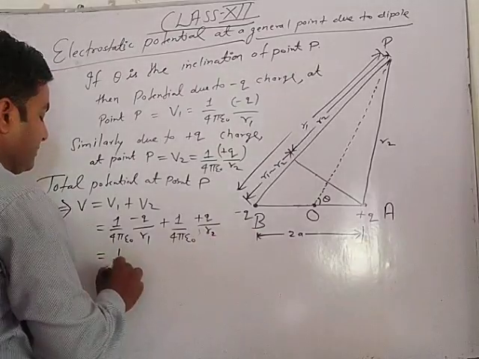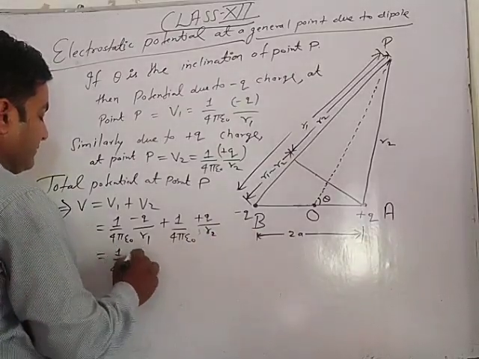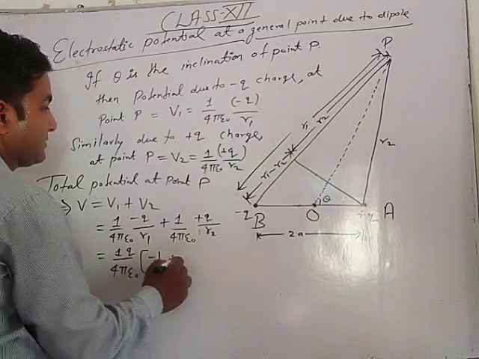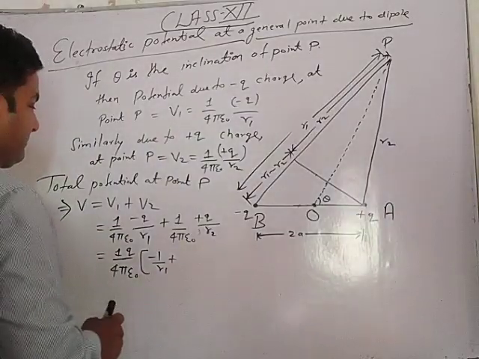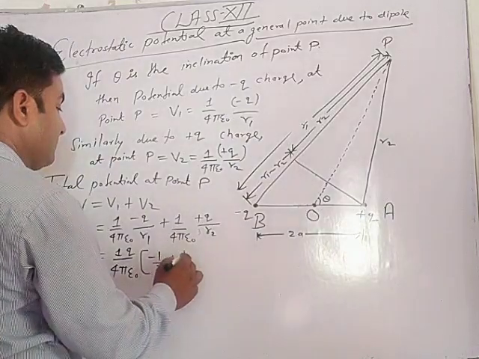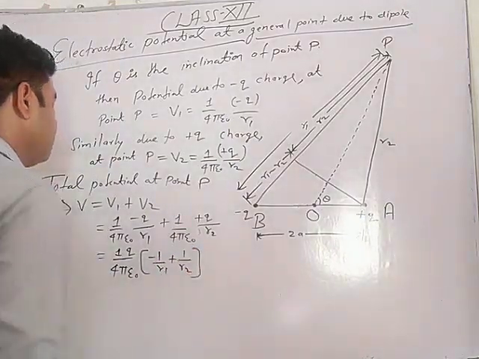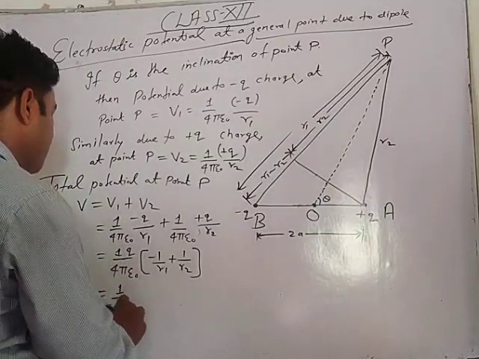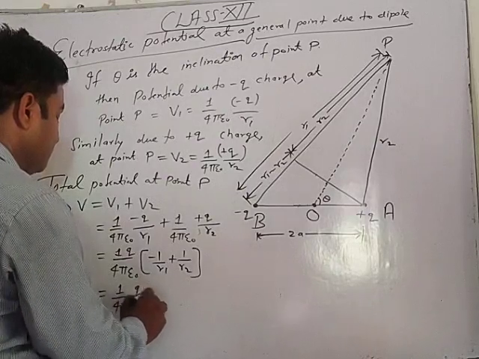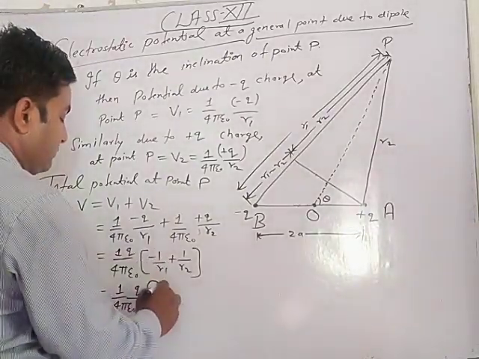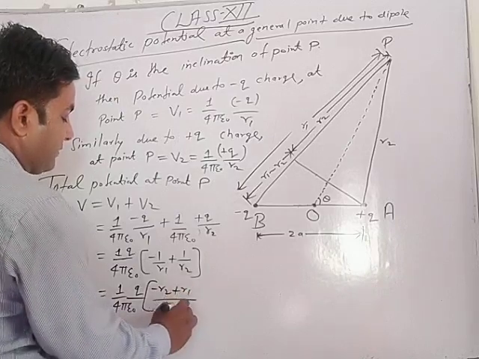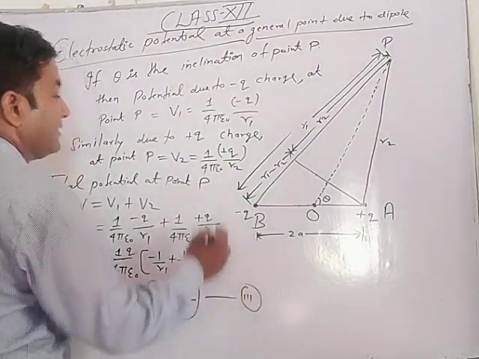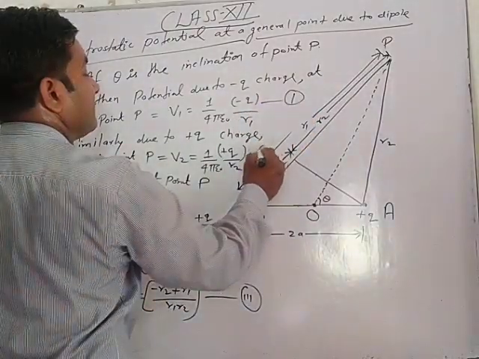Then taking 1 upon 4 pi epsilon naught common, q times minus 1 upon R1 plus 1 upon R2. Then this will be 1 upon 4 pi epsilon naught times q times (R1 minus R2) upon R1 R2. This is the potential value. Make this equation number 3, this one equation 1, and this one equation 2.